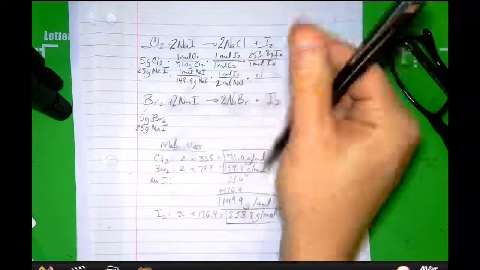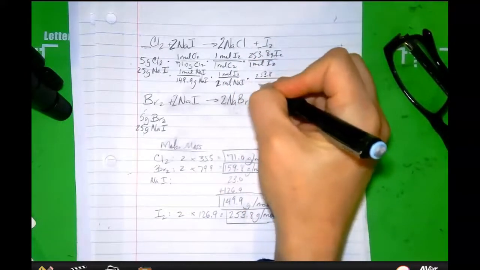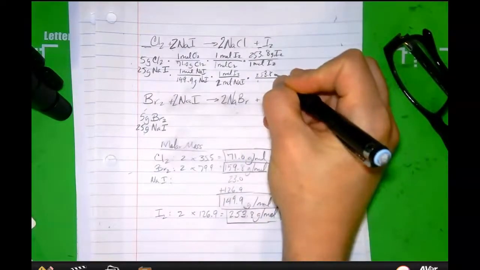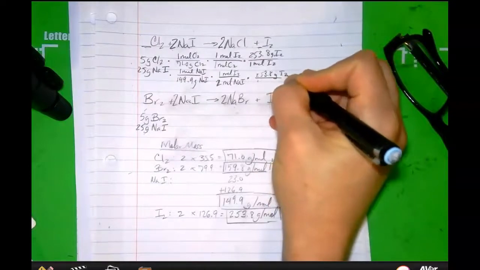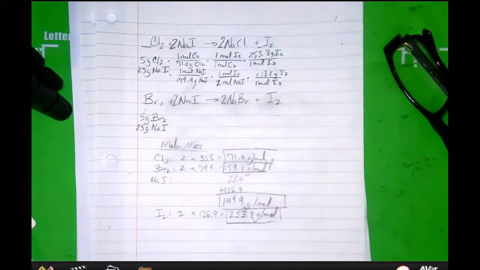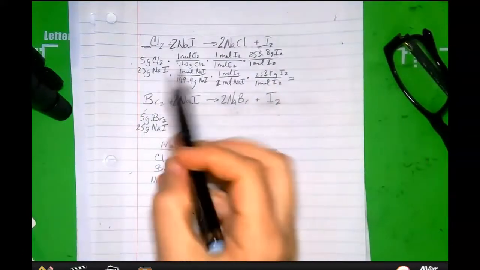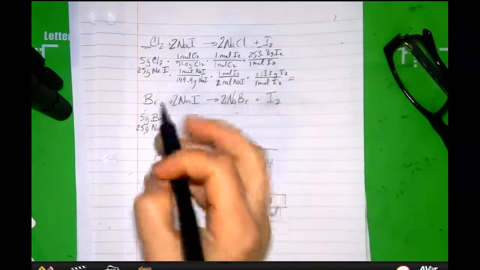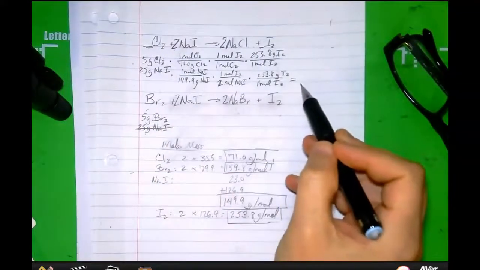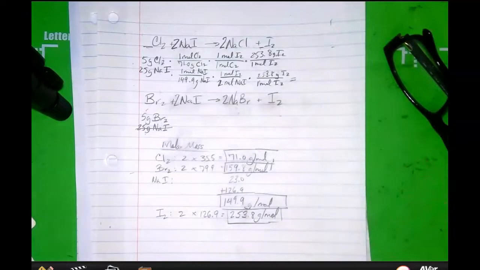And this number is the same. I'm realizing now that this conversion is going to be the same as this one, so we don't really even have to do this. We're going to do this one and compare it to the grams that we get here. So let's do that one first.